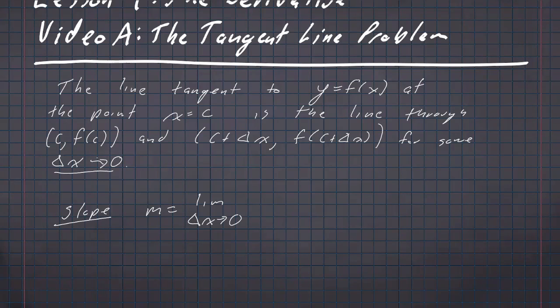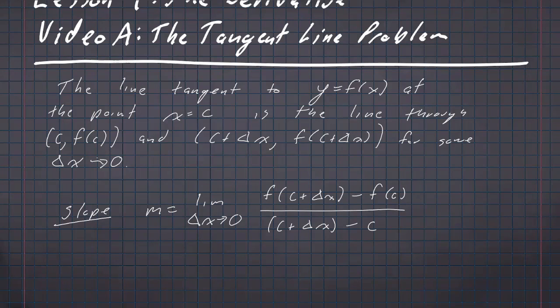So since we're looking at delta x goes to 0, we'll take the limit as delta x goes to 0 of change in y, f of c plus delta x minus f of c, all over change in x, c plus delta x minus c.